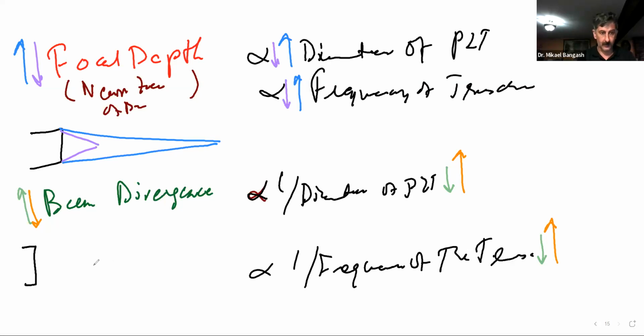We can just say, if this here was our focal point, then a great divergence was going to be like this, and a lesser divergence was going to be something like this.